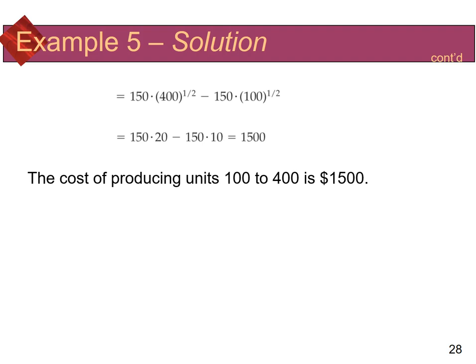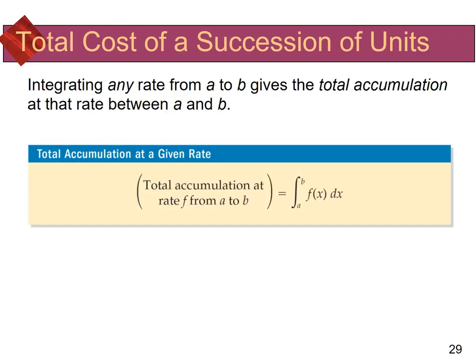But it goes under the same thing. If I'm looking for a total accumulation, and I'm given a speed, then the total accumulation is going to be the total distance I covered.